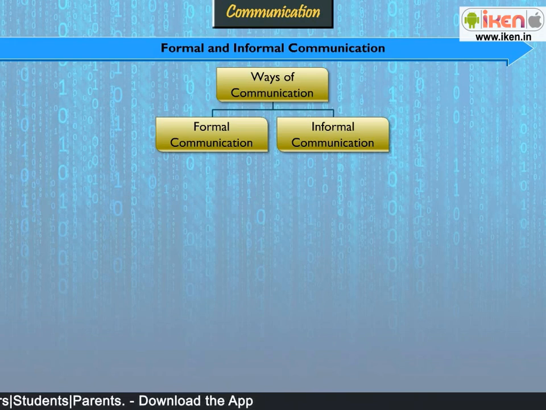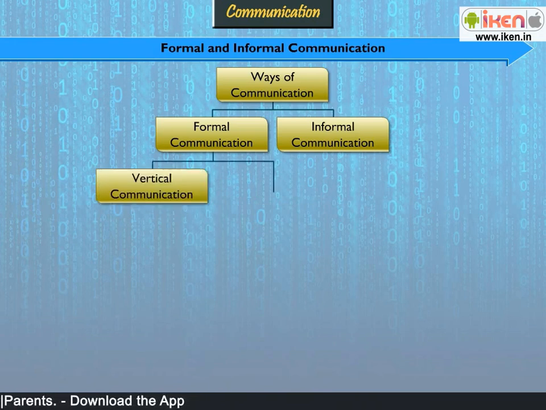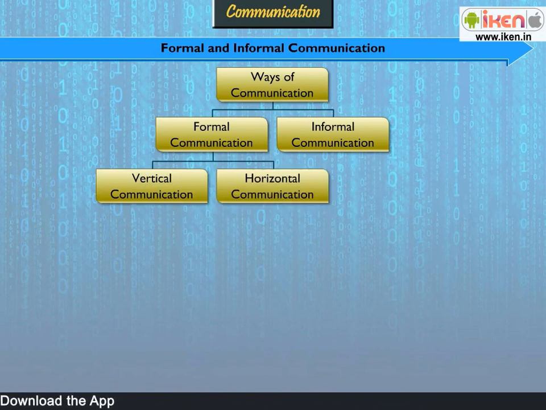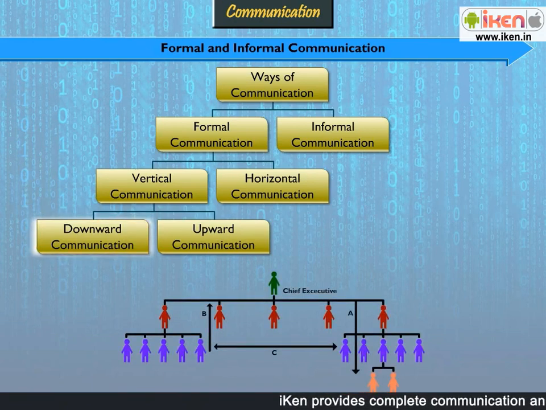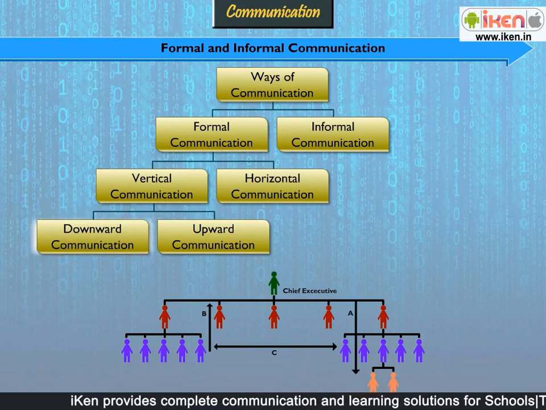Formal communication may be further classified as vertical communication and horizontal communication. Vertical communication flows upwards or downwards through formal channels. If the communication flows from superior to subordinate, then it is downward communication.